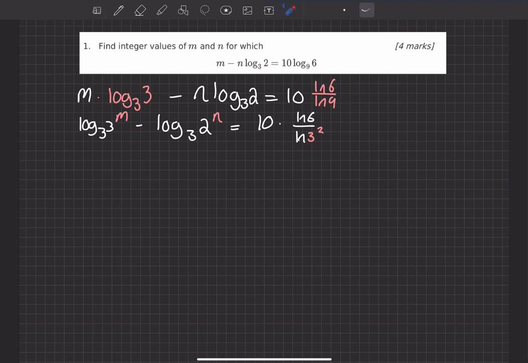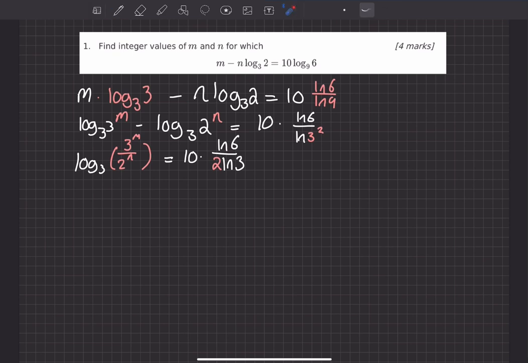Anyways, using our second law of logarithms, we know that when it's subtracting, it's basically just this divided by this, right? So what we have now is log base 3 of 3 to the power of m divided by 2 to the power of n. And this here gives us 10 multiplied by ln of 6 over 2 ln of 3, right?